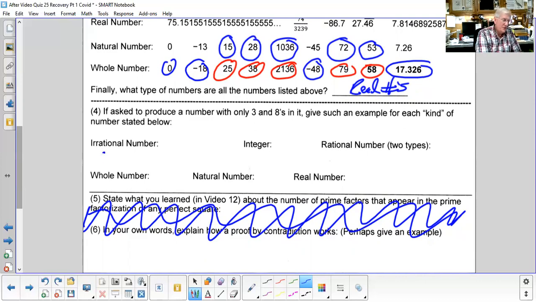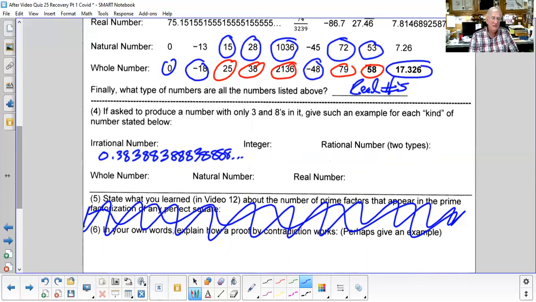So if I use 0.38, 388, 3 followed by 3/8, 3 followed by 4/8, looks like I've got a winner, right? Okay, so that number is definitely irrational.